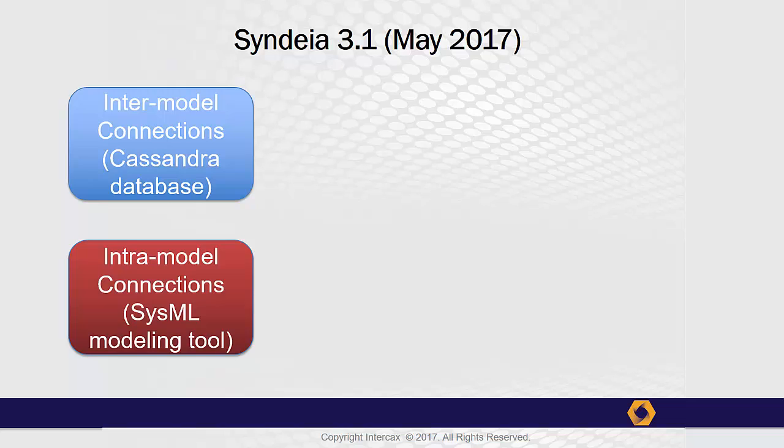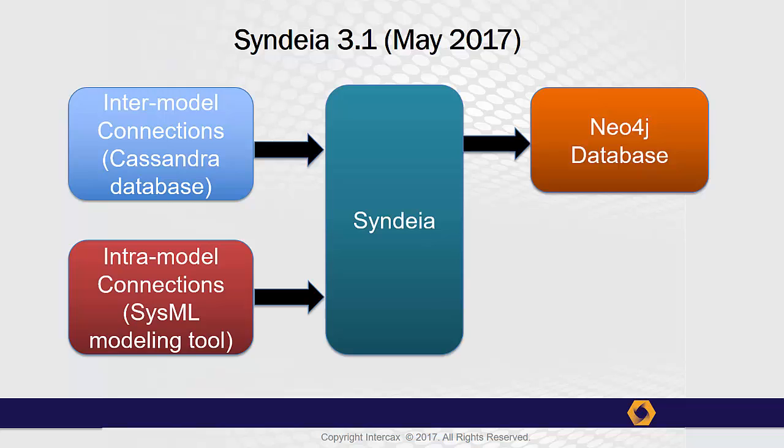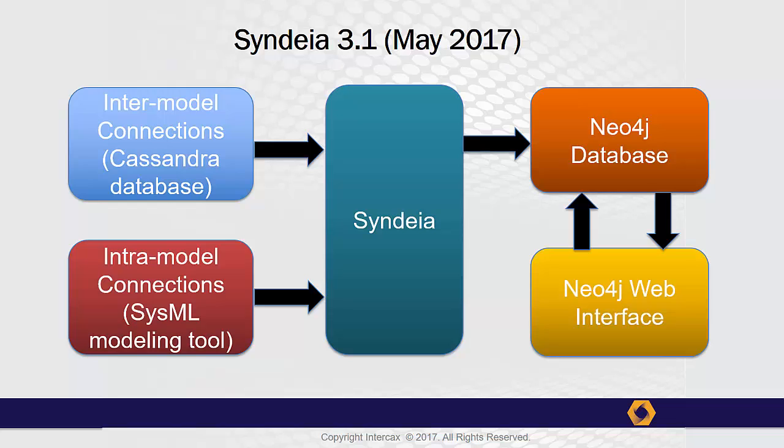Both the intra-model connections from the SysML modeling tool, MagicDraw or Rhapsody, and the inter-model connections are exported by Syndeia to a Neo4j graph database. The user can interact with the database through a web interface using the powerful Cypher query language to ask both general and very specific questions.